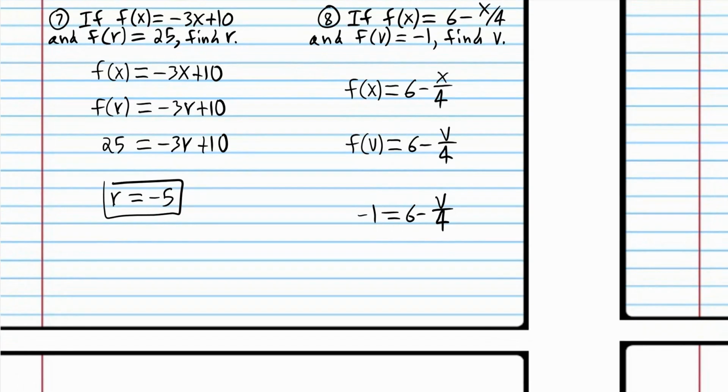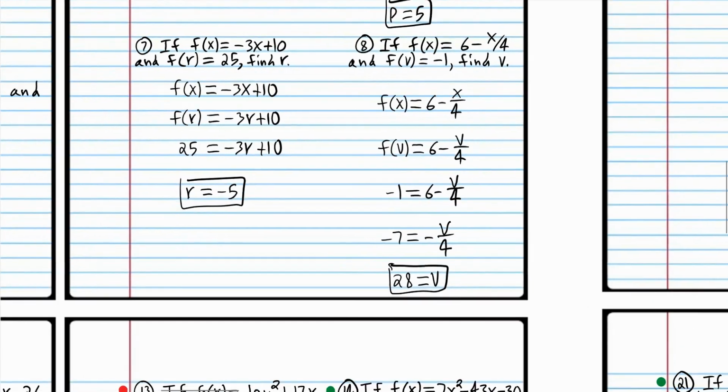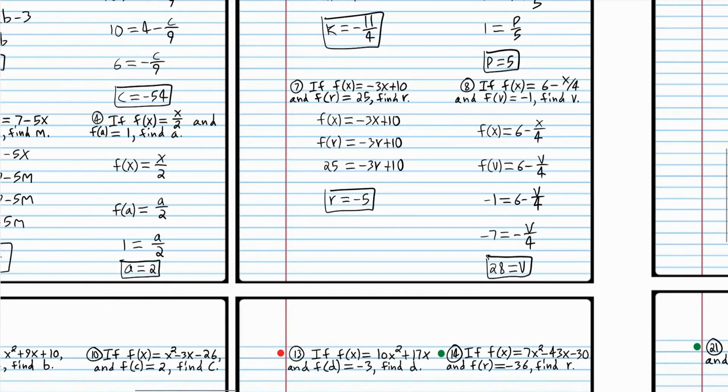Then I'm going to subtract 6 from both sides. And I'm going to multiply both sides by negative 4. And we get 28. Alright, so if you got that right, excellent.